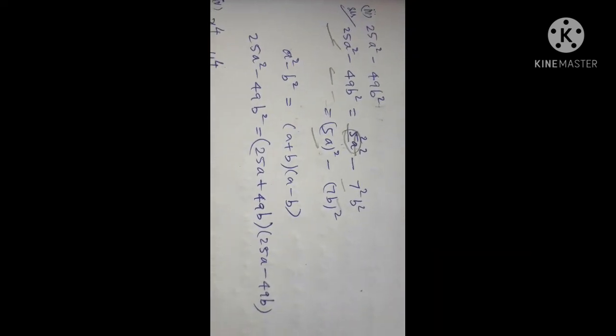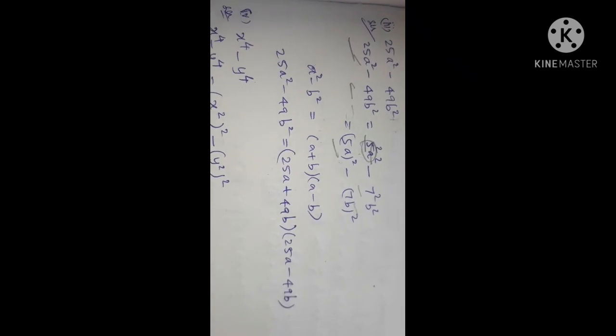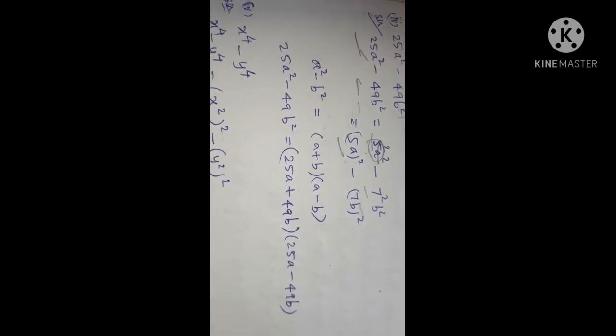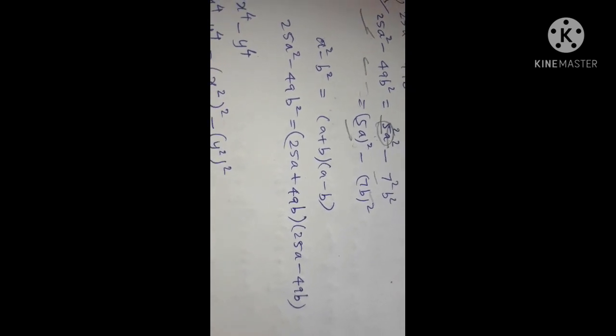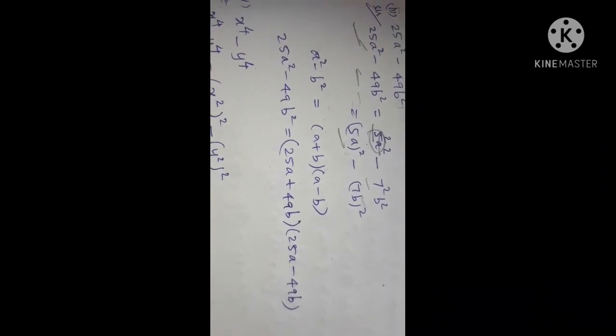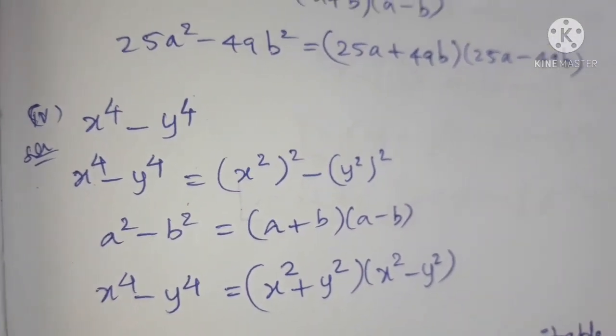A square minus b square equal to (a plus b) into (a minus b), right? So now we'll substitute, and 25a square minus 49b square equals (5a plus 7b) into (5a minus 7b). The next one is x power 4 minus y power 4.